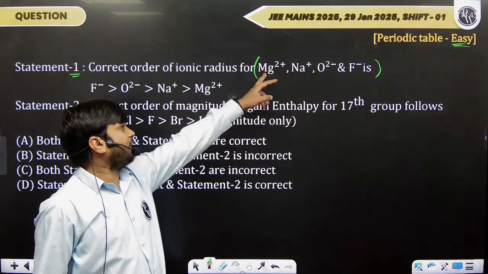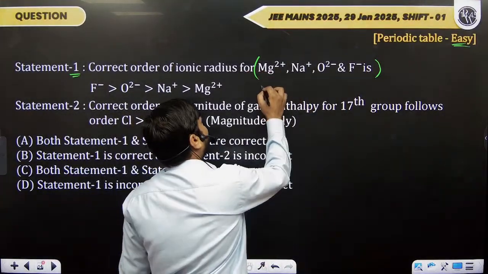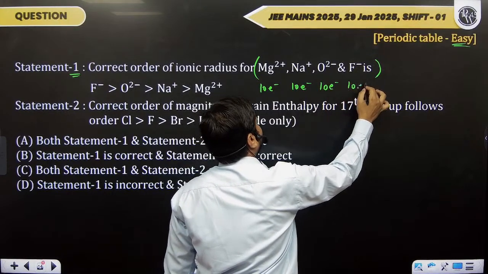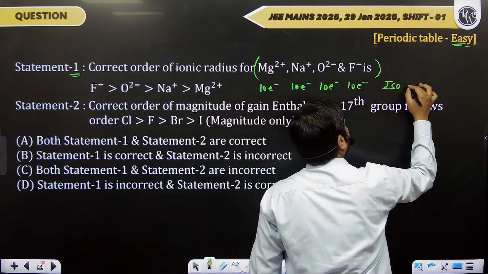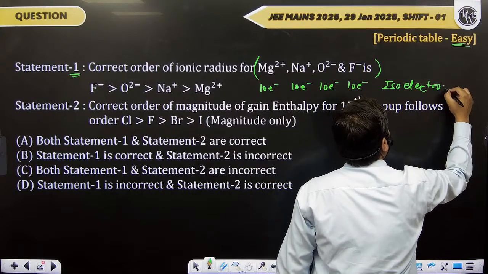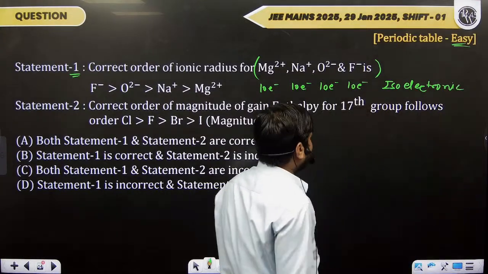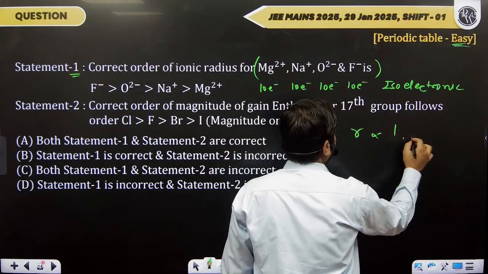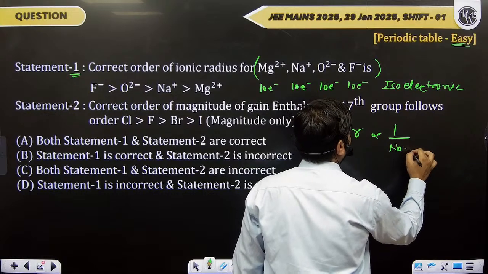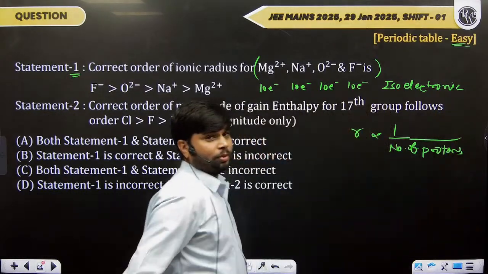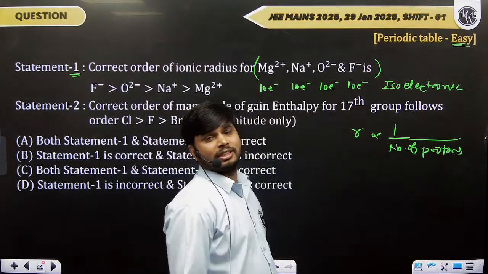When you look at these, here you have 10 electrons each, so they are the isoelectronic series. And in the isoelectronic series, we know the ionic radius is inversely proportional to the number of protons. Number of protons increases, radius decreases.